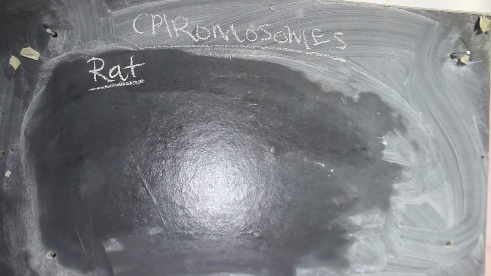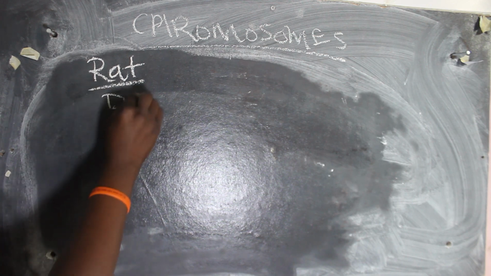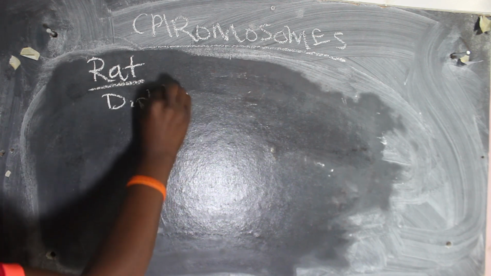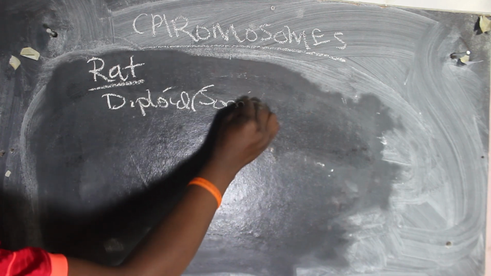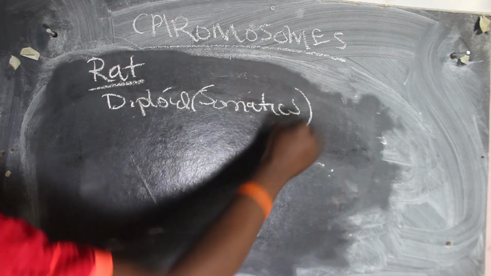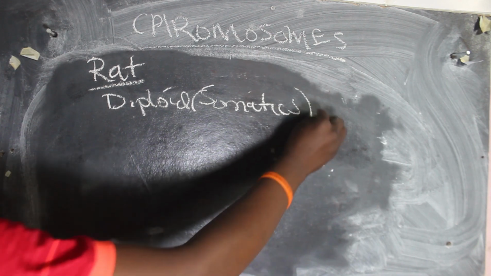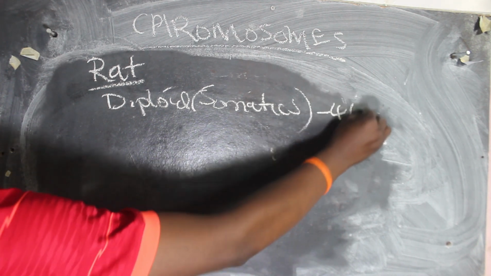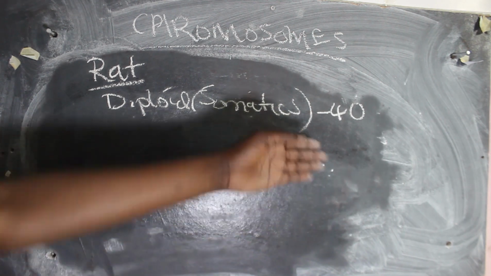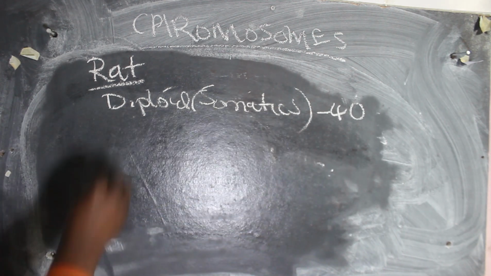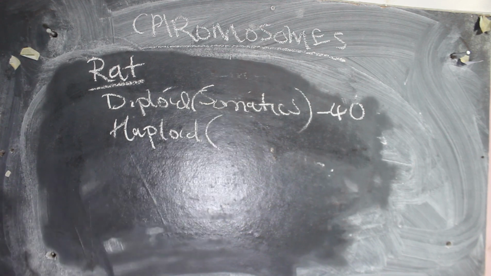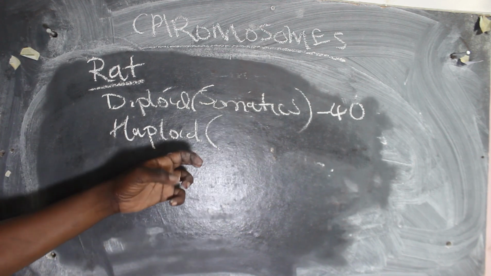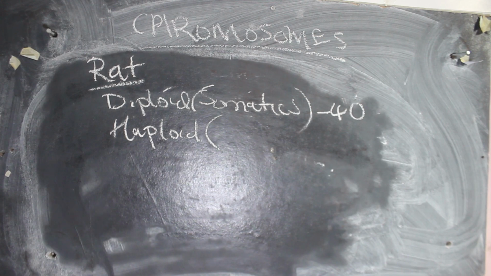So for the rat, when I talk about diploid, the first thing that should come to your mind is somatic cells. The diploid for the rat is 40. If the diploid for the rat is 40, what will be the haploid? What will be the number of chromosomes in this rat?